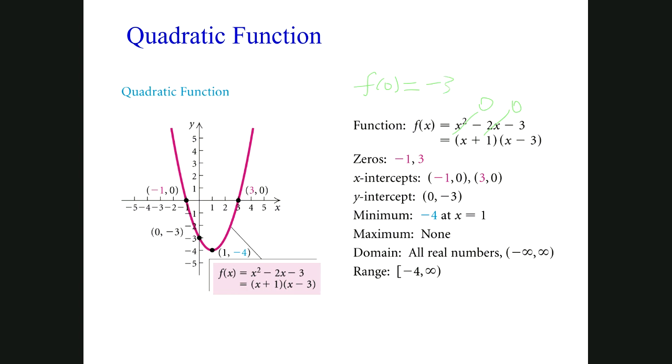So my y-intercept here will be (0, -3). So that's the concept: for the x-intercept, you make y equal to 0 and find x. For the y-intercept, you make x equal to 0 and then find y.